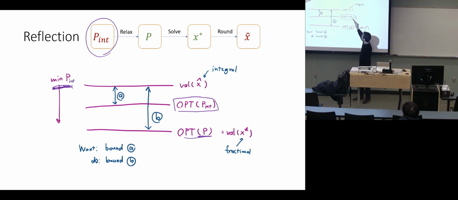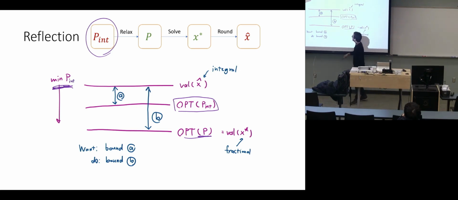So this solution must have value at least this guy. And what we did is that we showed that the value of x hat actually is comparable to the value of x star. So what we bound is the gap between the value of x hat and x star, right?